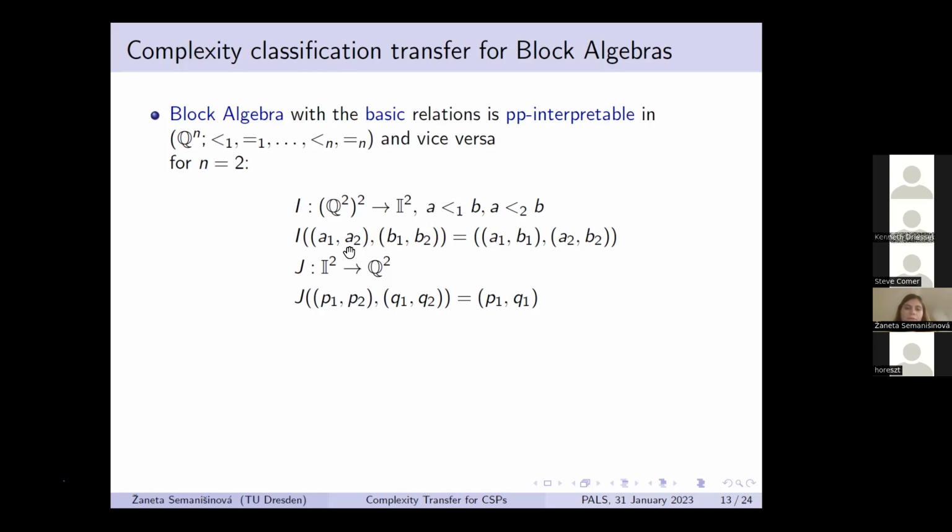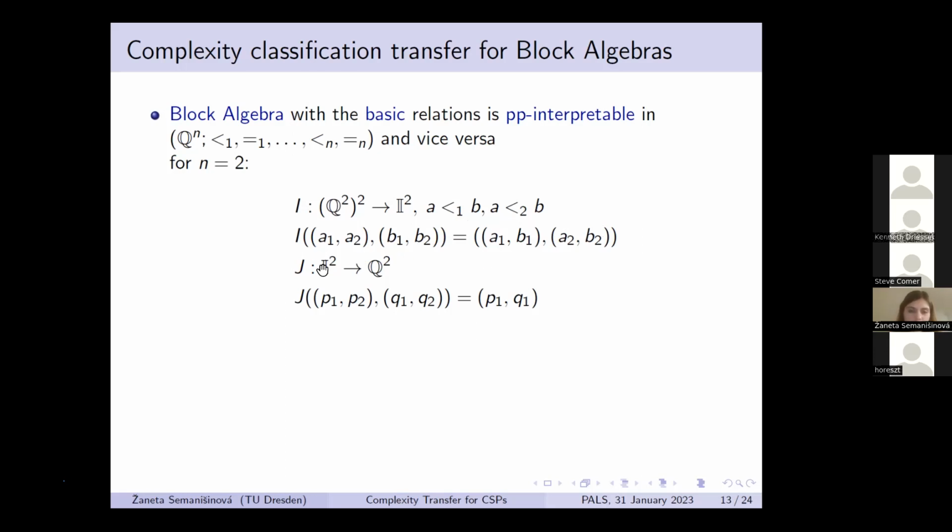And for the interpretation, we need to shuffle the numbers so that they really form intervals. We know that a1 is less than b1, so we put them together for one interval, and a2 is less than b2, so we make the other interval from them. So that's one of the interpretations.